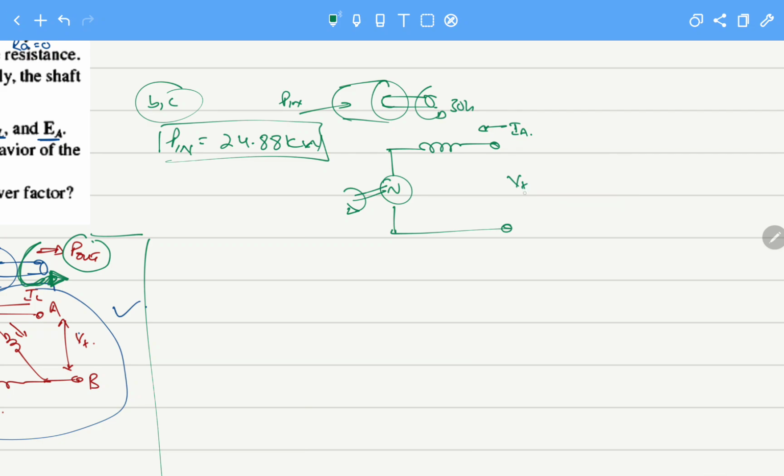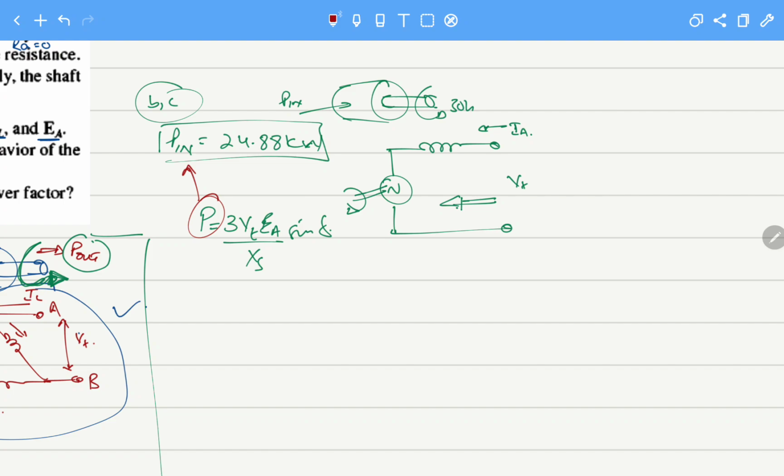We know that the power transferred in the case of a motor from VT to EA has this formula for three phase: 3 VT EA over XS sine of delta. This is the power that will be transferred. So in our case, we have calculated this power.